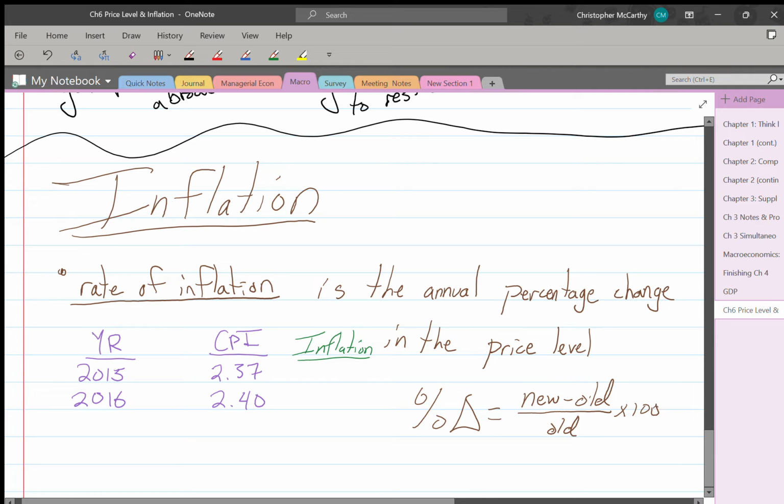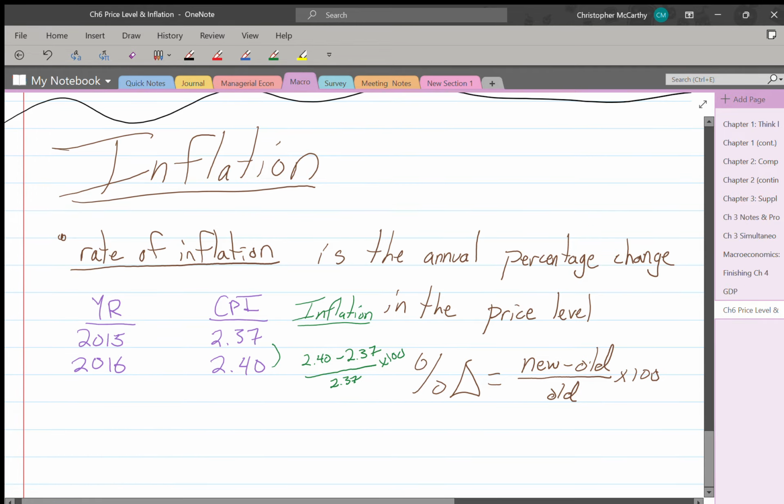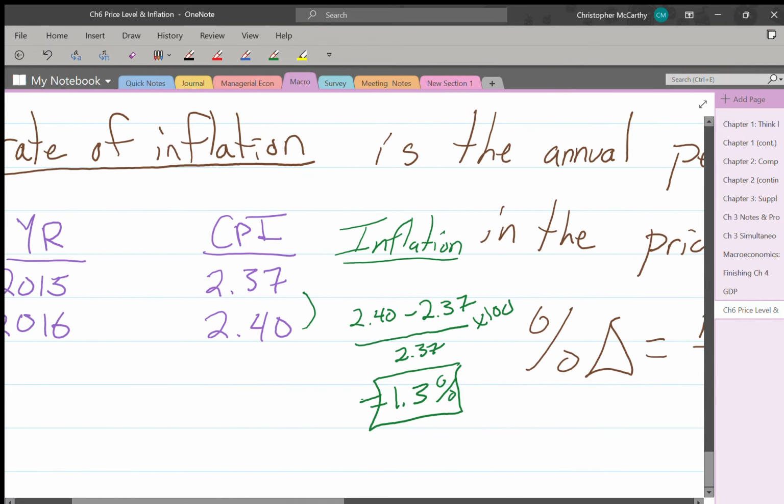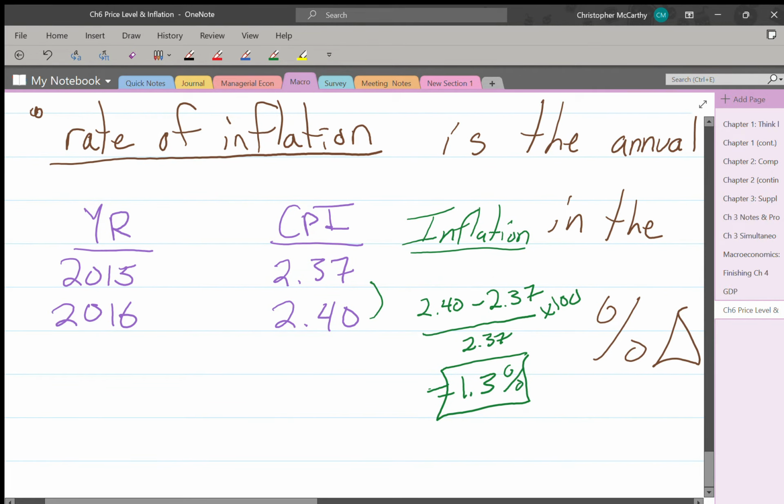So to get my inflation rate for 2016, I would take 240, subtract 237, divide by 237, and then multiply that whole jazz by 100. That would give me 1.3%, which makes sense given that 2.4 is not that much more than 2.37.